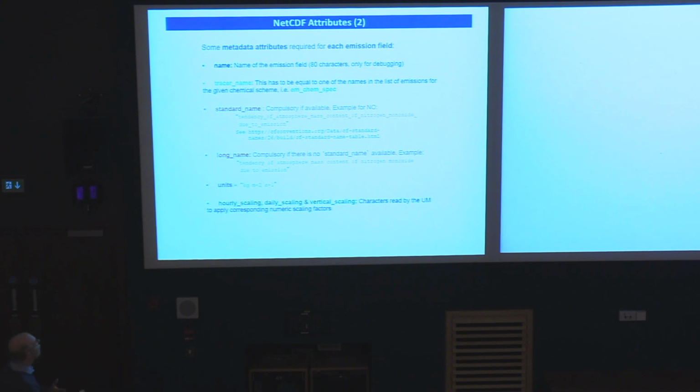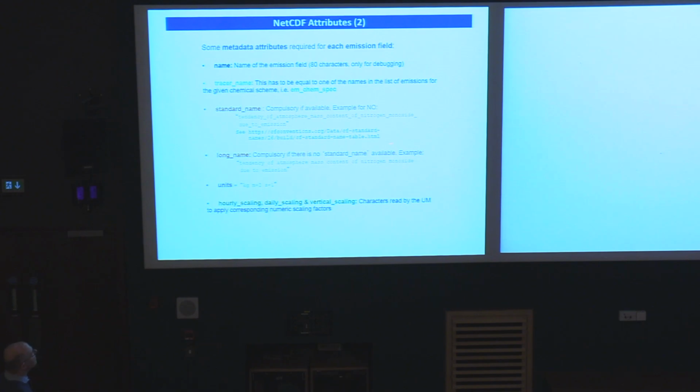So that avoids ambiguity and misunderstandings. However, these standard names are quite a mouthful. Unfortunately, they're not that straightforward. You see, for instance, for an emission of nitric oxide, it would be tendency of atmosphere mass content of nitrogen monoxide due to emission. Yes, with underscores for the standard name attribute.